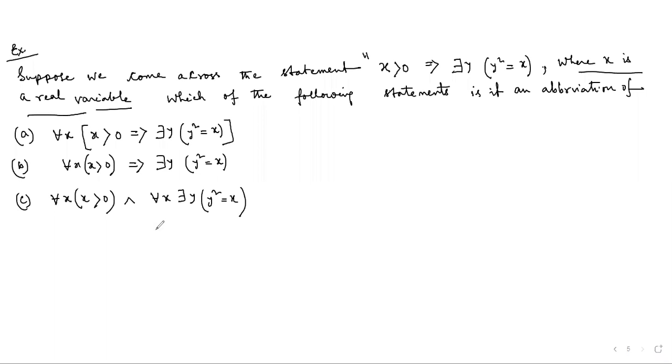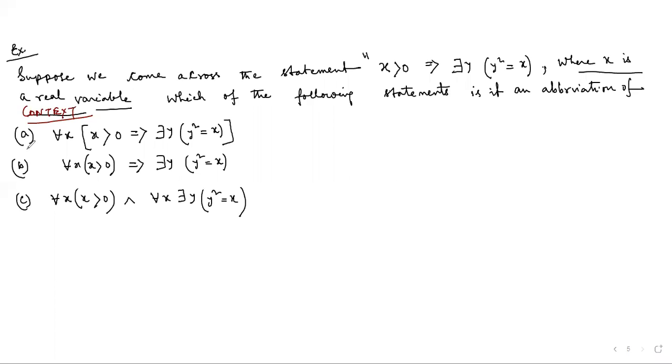So they have given you a statement where it is written that x greater than 0 implies there exists y square equal to x. The context is clear, that x is a real variable. And they are asking which of the following statements is actually correct.